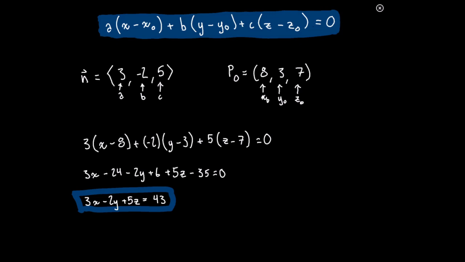Okay, great. So say that instead of being given a normal vector and another point, you're given 3 points in space, right? You should still be able to figure out what the plane is for 3 points.